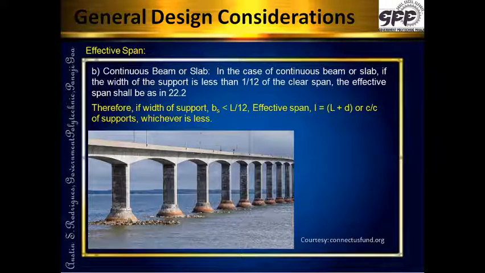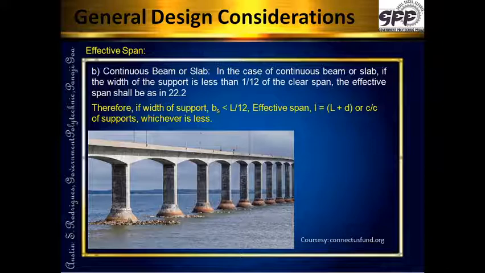The clause says, in the case of continuous beam or slab, if the width of the support is less than 1/12 of the clear span, then the effective span shall be as in 22.2.